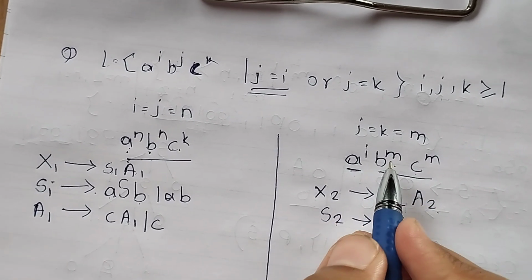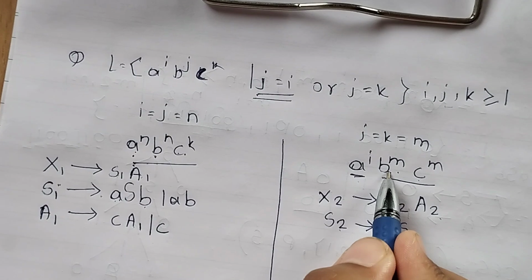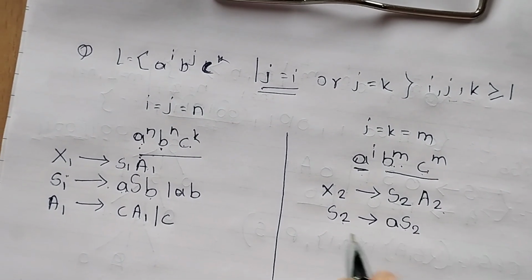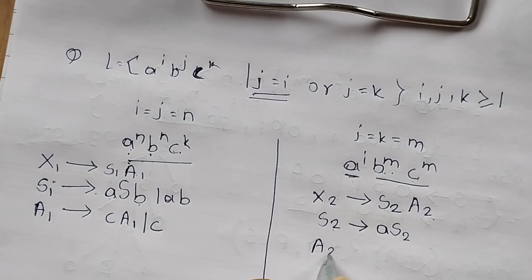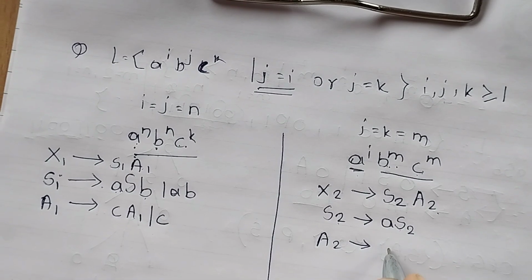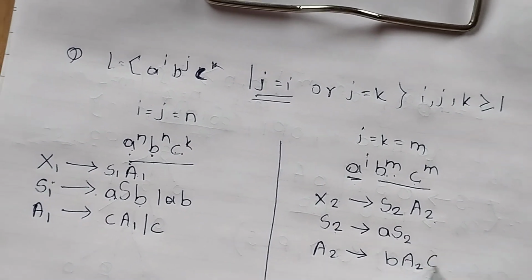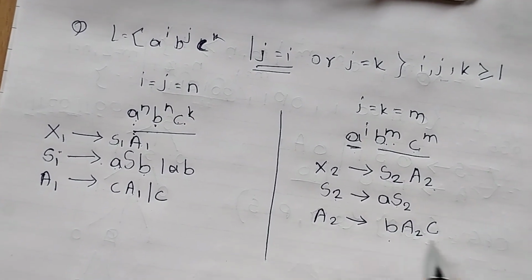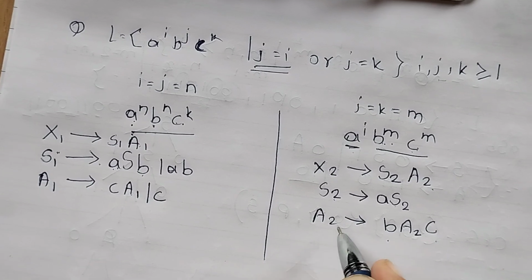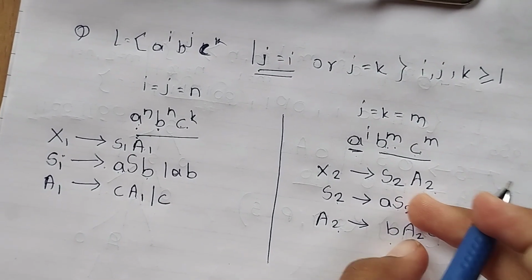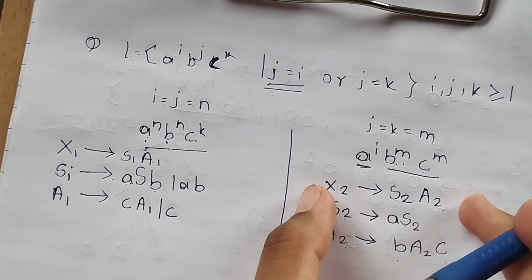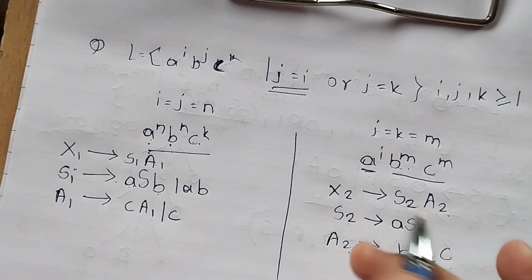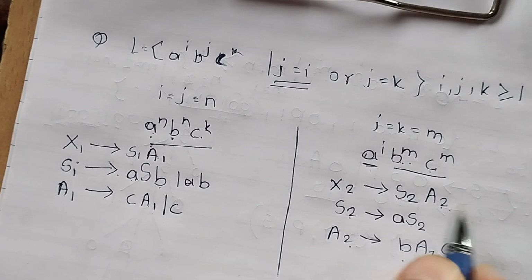A2 means n number of b is equal to n number of c. So this A2 is nothing but b A2 c, meaning this b and c are repeatedly and equally read by this A2, and from these two combinations I read my starting production, meaning X2 reads S2 and A2.